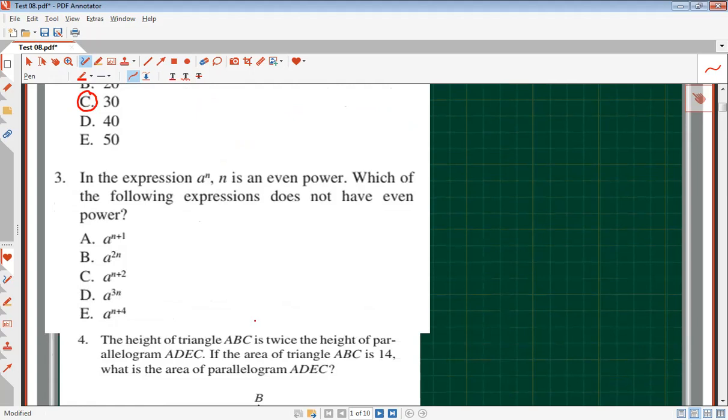Question number 3. In the expression 8 raised to power n, and n is even, which of the following expressions does not have an even power?